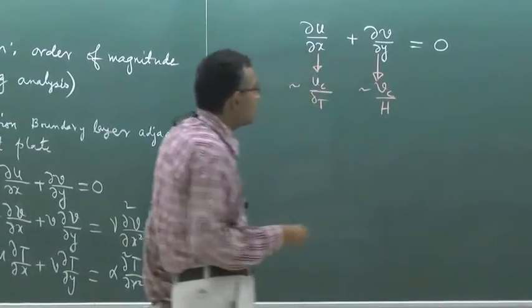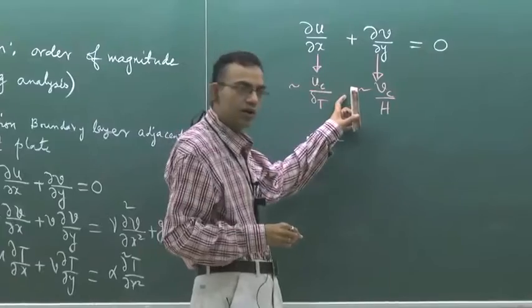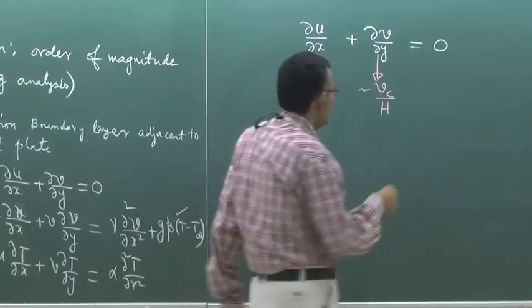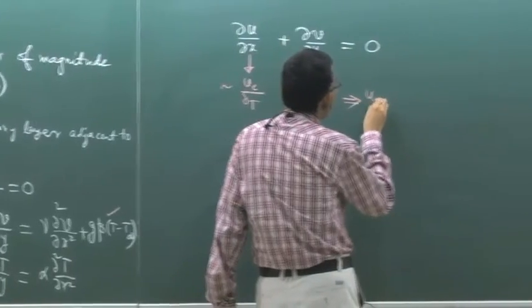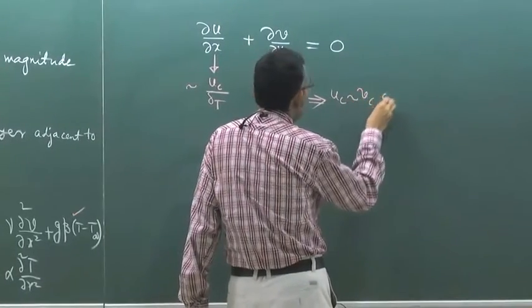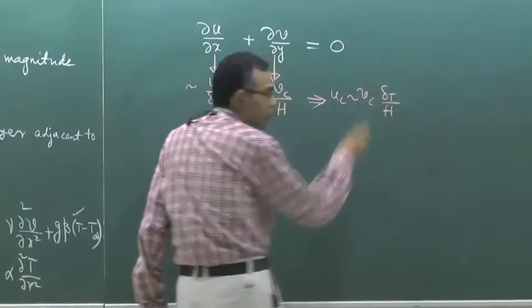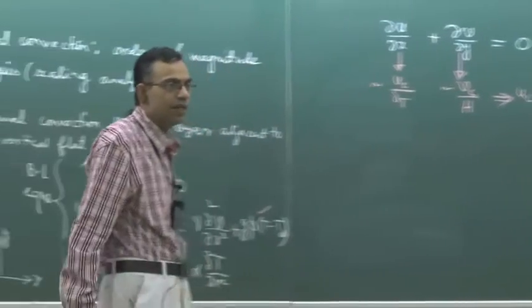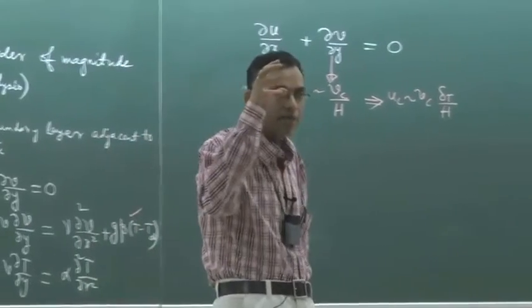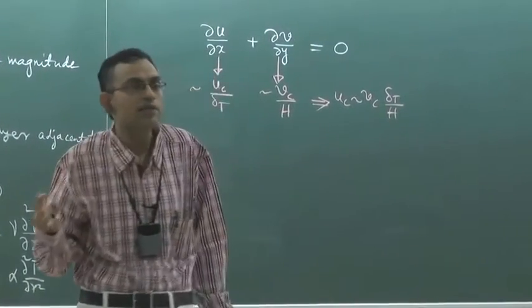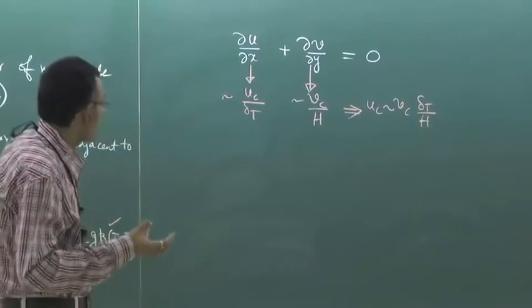So, as we have discussed earlier, if these two terms are of the same order of magnitude, then what it means is that uc is of the order of Vc into delta T by h. So, if delta T is much less than h, then the velocity scale along x is much less than the velocity scale along y, but it is still not 0, right.